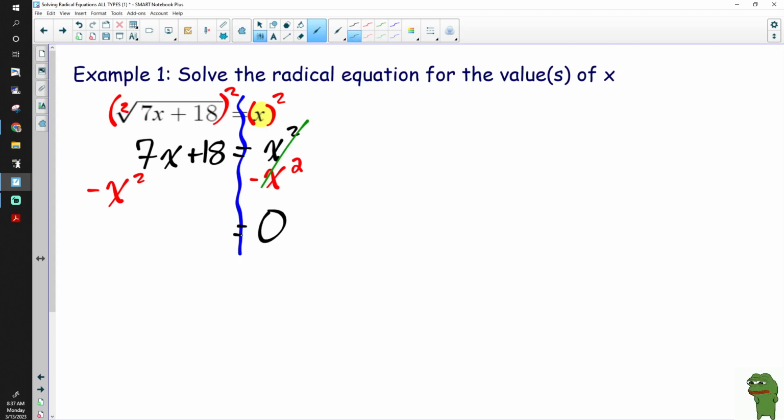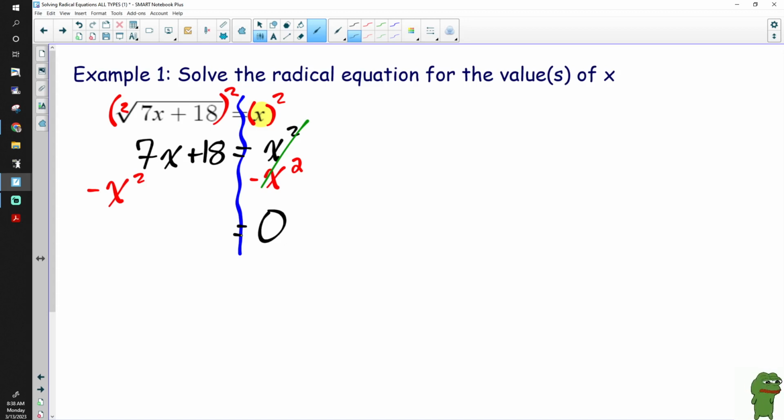Now one thing you got to be careful of is, well, one, this x squared that we're subtracting over doesn't have any like terms. We can't actually subtract it from anything because there are no other x squareds. 2, remember we need to make sure it's an A, B, C order. So I don't want to put this at the end because whatever's in front of the x squared is the A value. So I want to make sure I put this in the front.